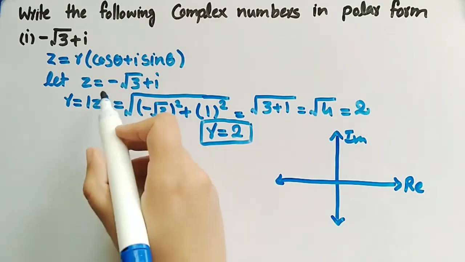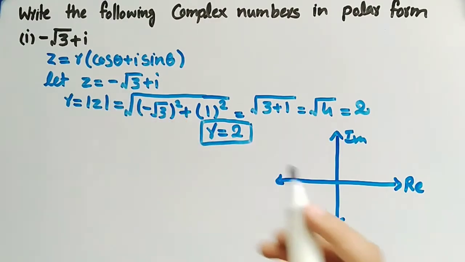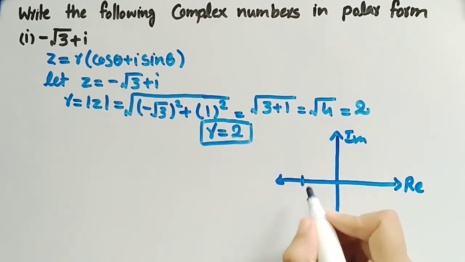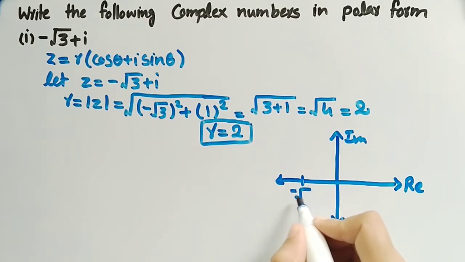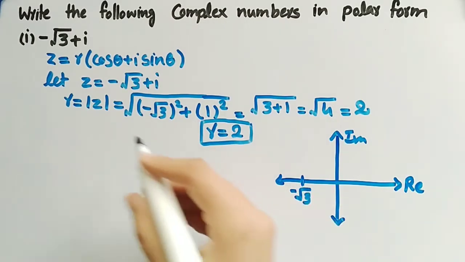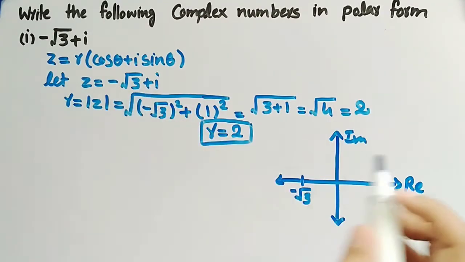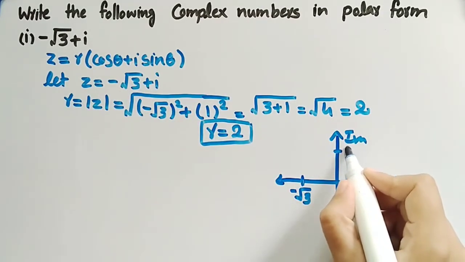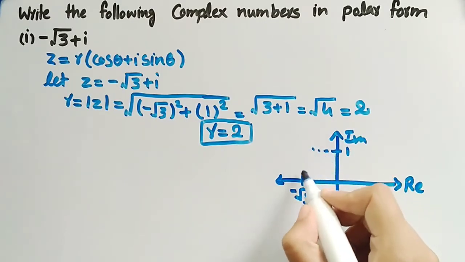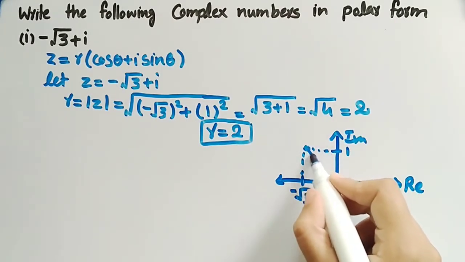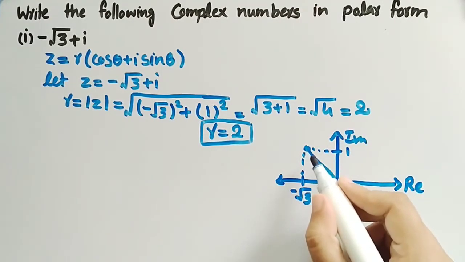The real part of the complex number z is minus square root 3, so it will be on the negative real axis, and its imaginary part is 1, which will be on the positive imaginary axis. So the complex number z is in the second quadrant.